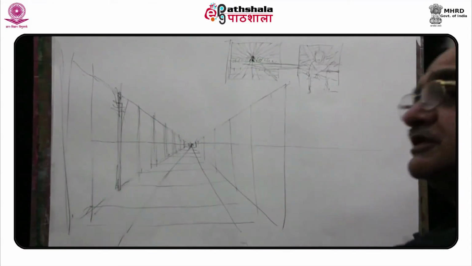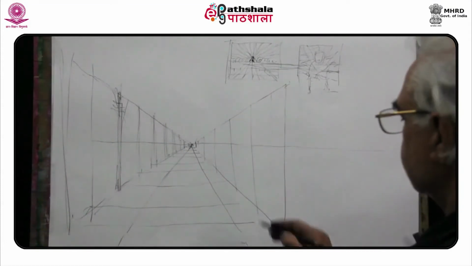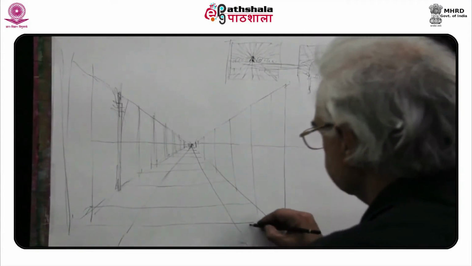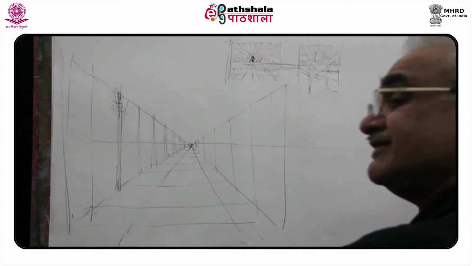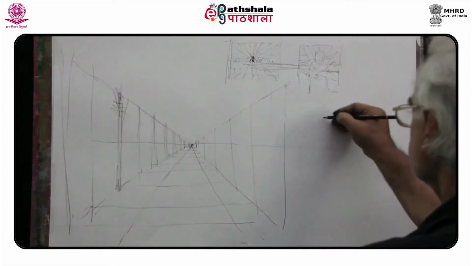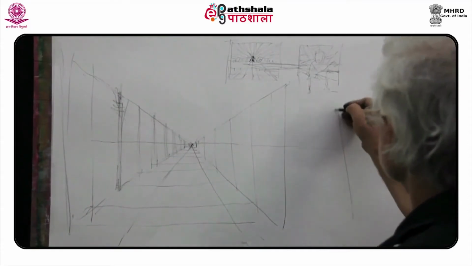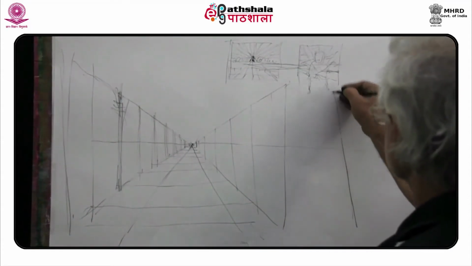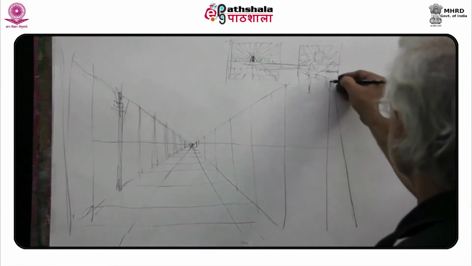This is thus a single point perspective. It is giving an illusion of a railway track or road. One can imagine how, when one looks at the track from a stationary position and at a distance, it appears to be meeting at a point.